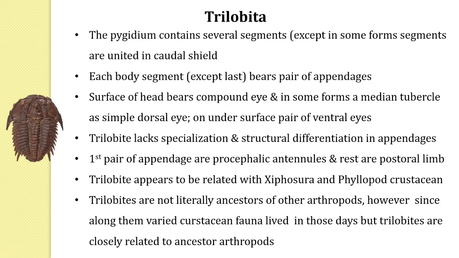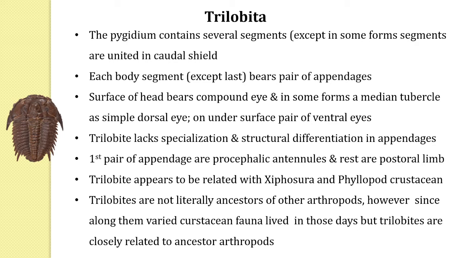six segments. The trilobites appear to be related on one hand to the Gyposura and on the other hand to the phyllopod crustaceans. Since they have features characteristic of both groups, they share the characters of both the Gyposura and the phyllopod crustaceans. They are not literally the ancestors of other arthropods.